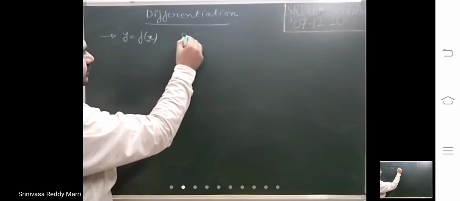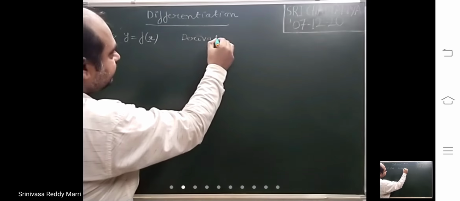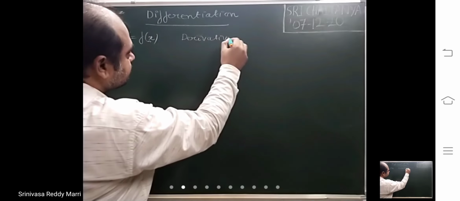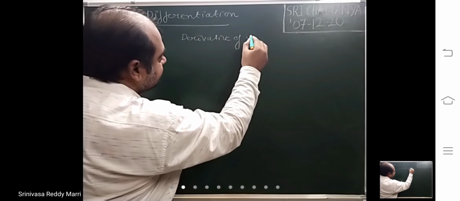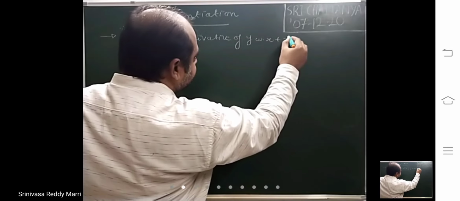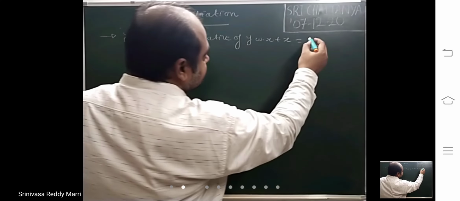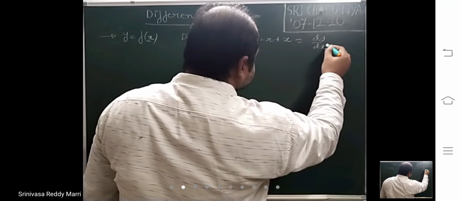Look at the notation in this chapter. The derivative of y with respect to x is denoted by dy by dx.